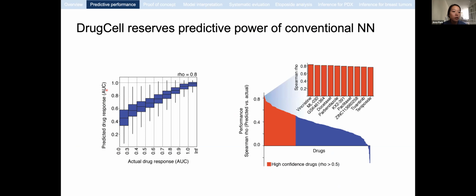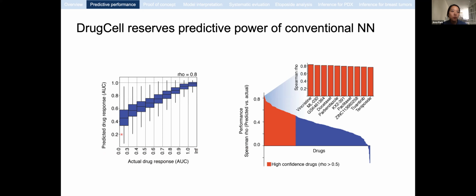You mean here? I see. Yeah, it's one of the things that we have to think about moving forward to further improve the model's predictive performance. One thing that I should tell you about the data itself is that the training data is pretty imbalanced, in that there are more resistant drug response data than sensitive drug response data.